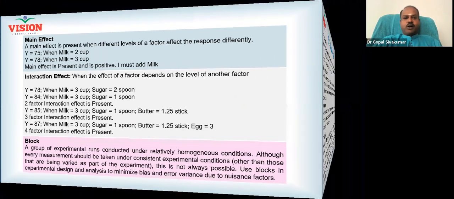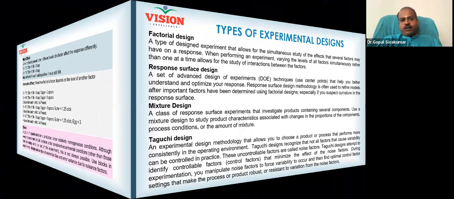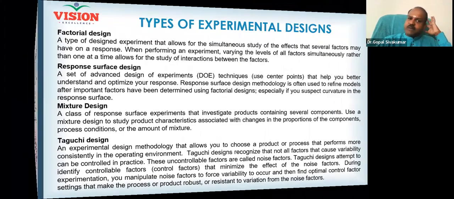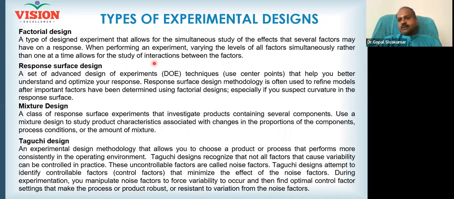So we know the block, and there are 4 types of design: factorial design, response surface design, mixture design, and Taguchi design. Factorial design allows the simultaneous study of the effect that several factors may have on a response. We do experiments for all the factors, for all the levels, and all possible combinations of the factors and levels are studied.